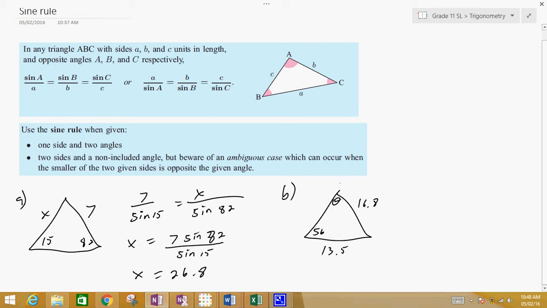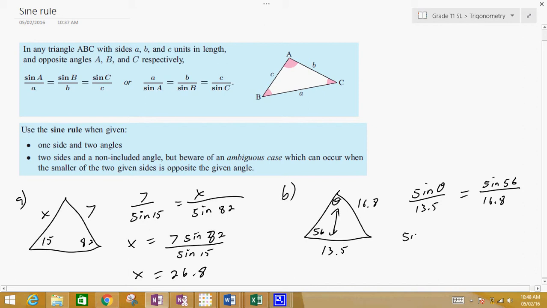Well, once again, you can use the sine rule, where you say the sine of theta divided by 13.5, they're across from each other, is equal to the sine of 56 divided by 16.8, and therefore the sine of theta is equal to 13.5 times the sine of 56 divided by 16.8.